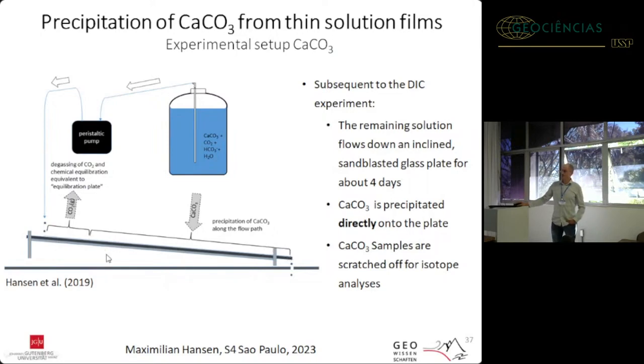And once the experiment was finished, we took the glass plate out of the system. We scratched off calcium carbonate samples for the same distance as we sampled them for the DIC, because we wanted to know how the isotope fractionation between the DIC and the calcium carbonate develops over time.